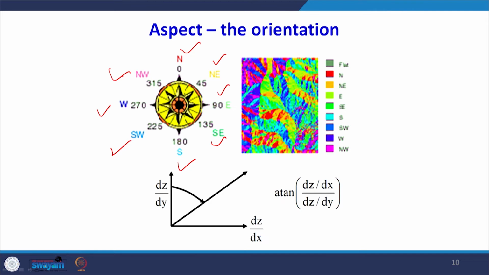So, we can divide the entire compass directions into 8 distinct directions, and we know the angle of that particular direction. So, that we can calculate with our simple relationship here. Once we know the values, we can calculate how much is the angle which is made with respect to north.